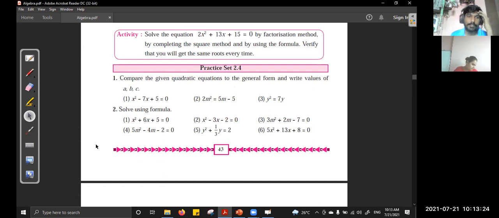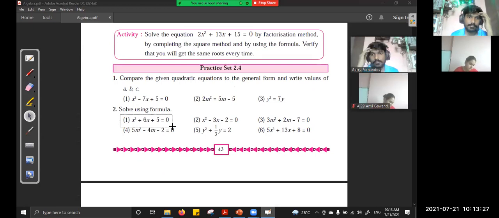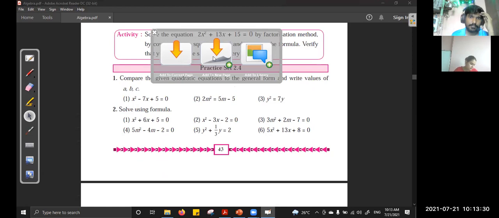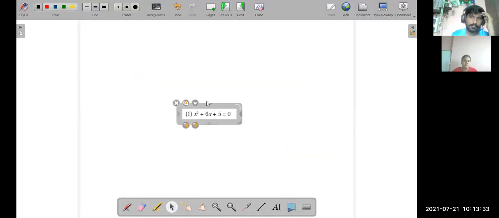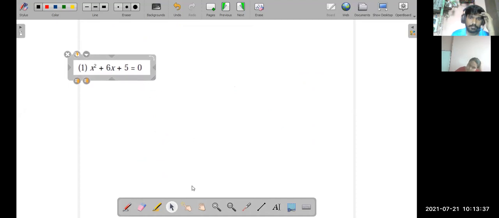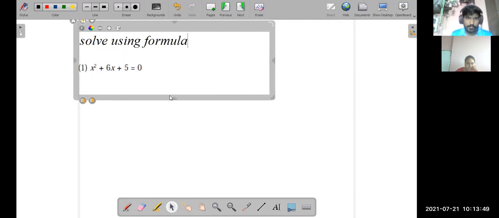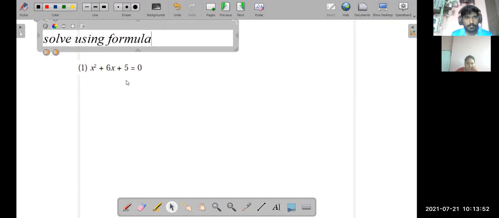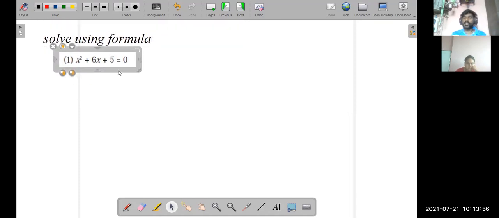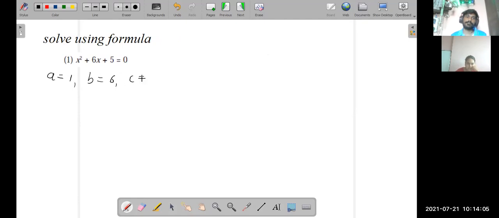Solve using formula. Tell me the values of A, B, and C in this. 1, 6, 5. Now we are using the formula method.